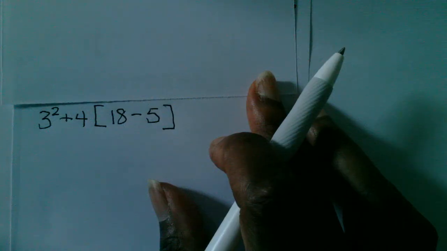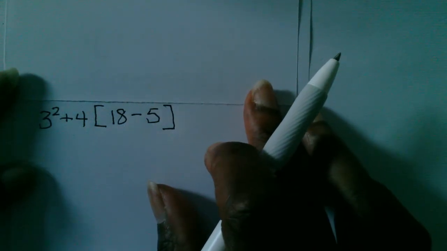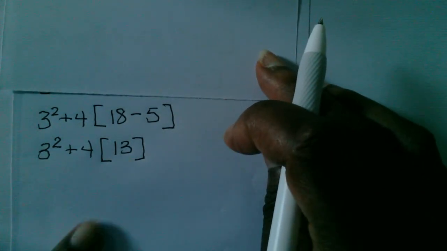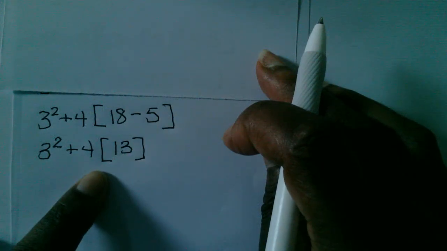We're still on the P. So now we have 18 minus 5. There you go, Brenda. I see you. So we have 3 squared plus 4. Now, inside of this bracket, that gives us our 13. Now, parentheses and brackets means what operation?